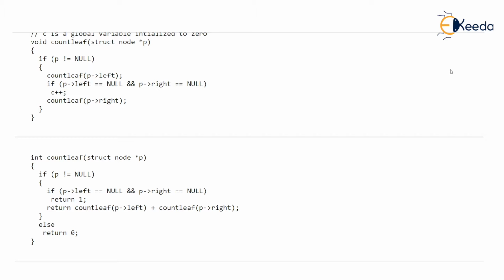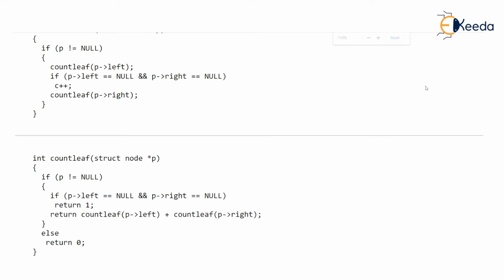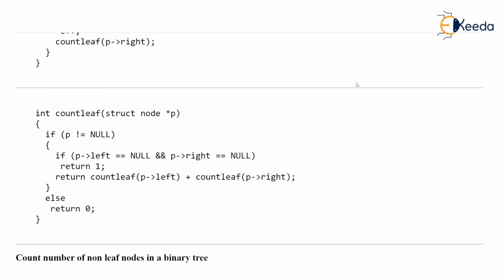The count leaf function over here is the same as the earlier one, except that the count leaf function here returns int. Notice the previous count leaf was a void function. It is also taking p as the pointer, and this p will be equal to root.